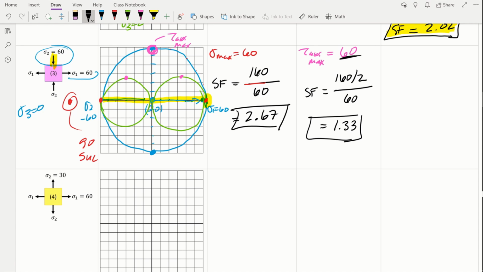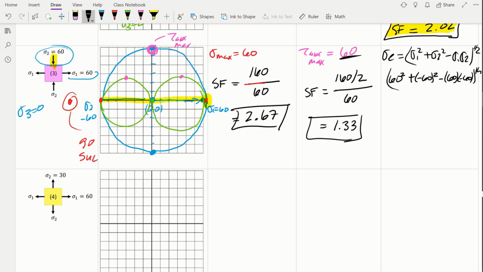Next, for the equivalent, you already know, right? By now, hopefully, we have to use that formula. They give us principal stresses. So the formula is sigma 1 squared plus sigma 2 squared minus sigma 1 times sigma 2, the whole quantity to the 1/2. What is the value of sigma 1? Well, sigma 1 is positive 60 squared. Sigma 2 is negative 60 squared minus positive 60 times negative 60.